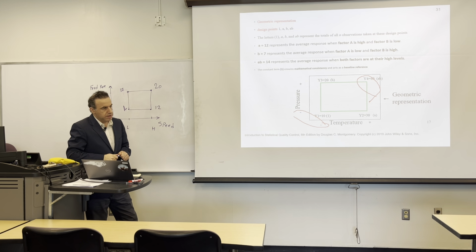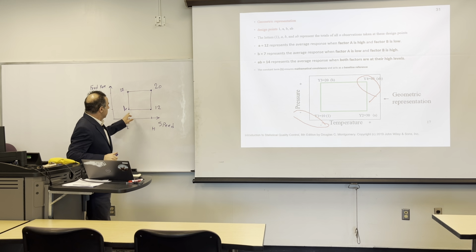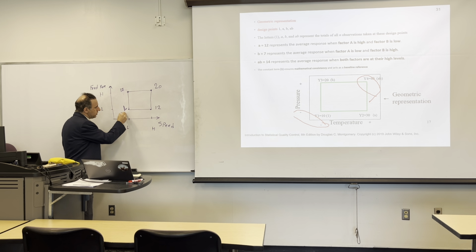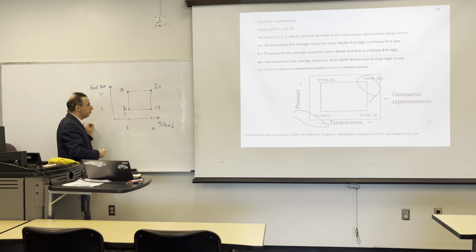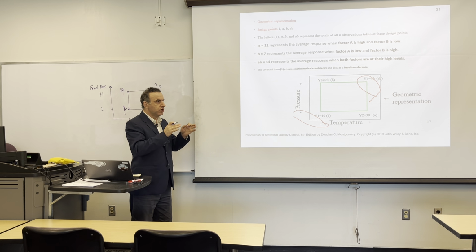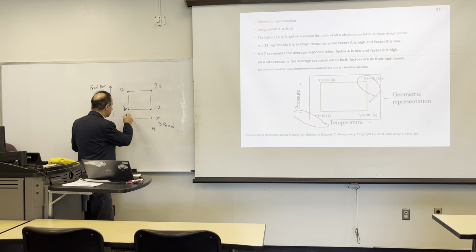We call these points design points, and then we assign one. Sometimes we call it 1. So that's going to be the starting point where you use the low level for each one. We call it 1.